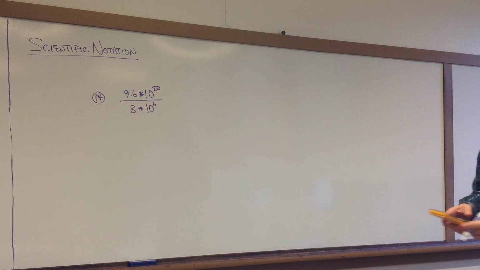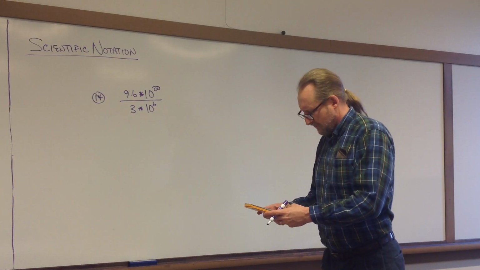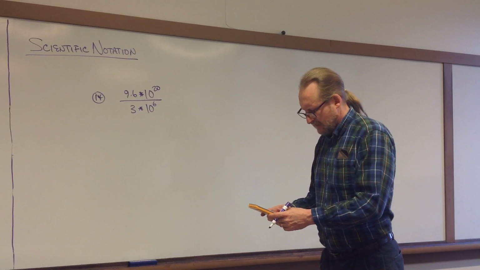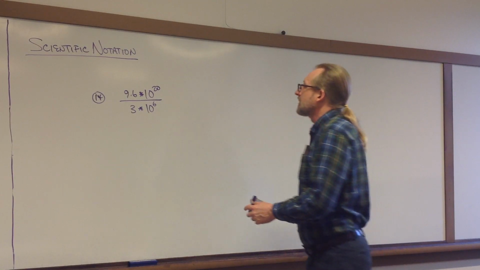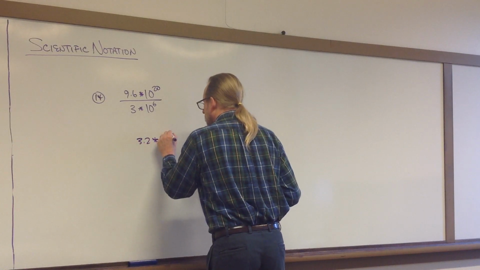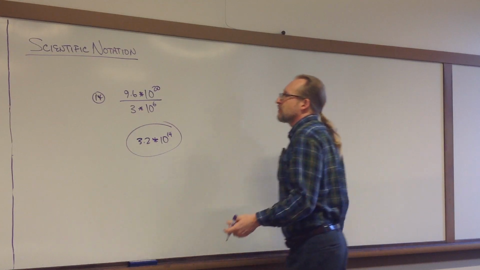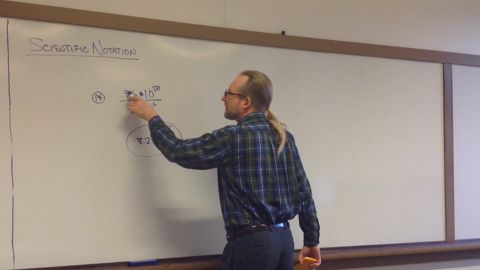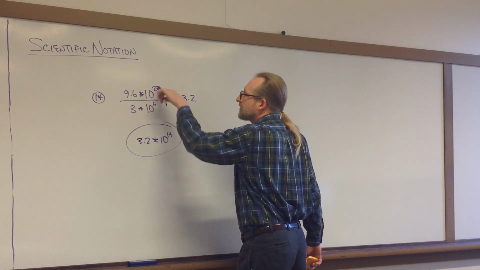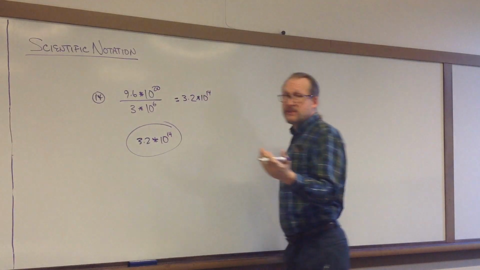So again, I'll start out using the calculator. 9.6e20 divided by 3e6. And that's going to give us 3.2 times 10 to the 14th power. Okay? To do this without the calculator, divide the 3 into the 9.6. That's where we get the 3.2. And subtract the 6 from the 20. That's how we get 10 to the 14th power.